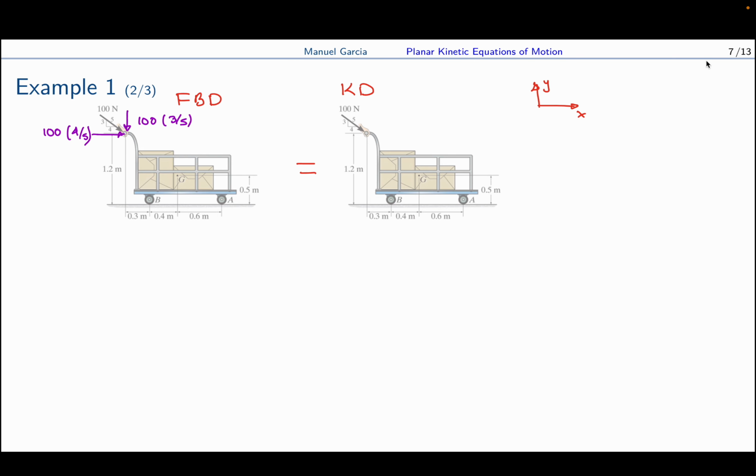We also have the total weight. The mass is 100 kilograms, so the weight is 981 newtons.